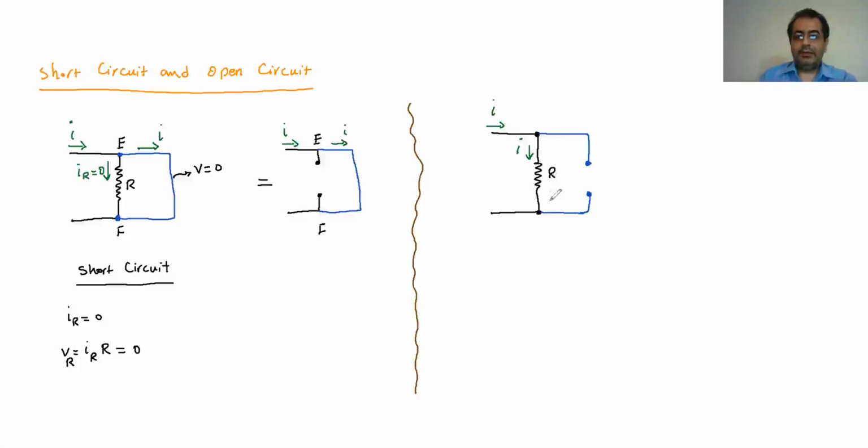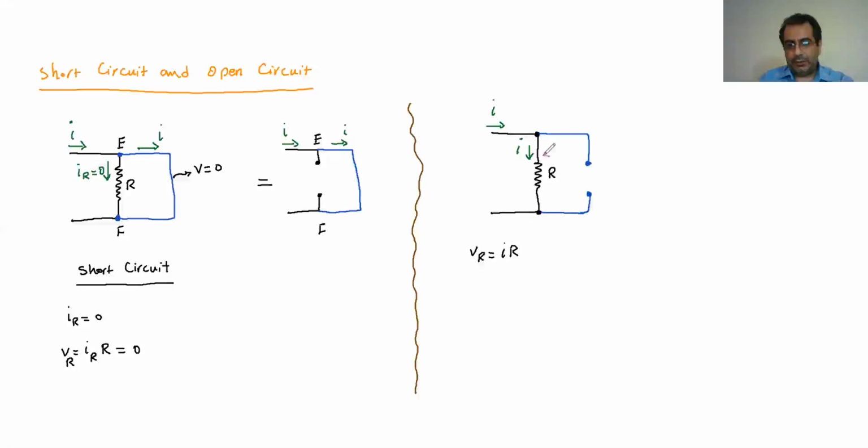And because of that, whatever the I is there, I'm going to have the voltage in that resistance, the V in the resistance is going to be I times R. And then I know that because the current goes in this direction, current always goes from positive to negative.